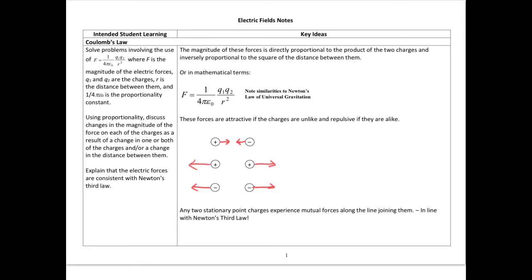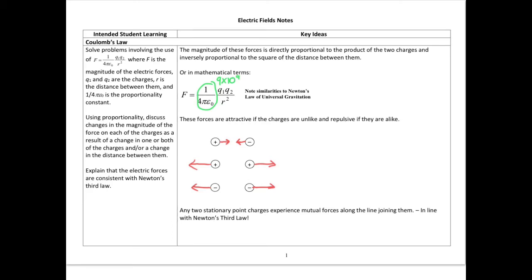Now, to work out the magnitude of the force, so the size of the force, we use Coulomb's law, which basically says that force is equal to 1 on 4 pi epsilon naught, and that's just a constant. All that together is equal to, it's on your formula sheet, 9 times 10 to the 9.